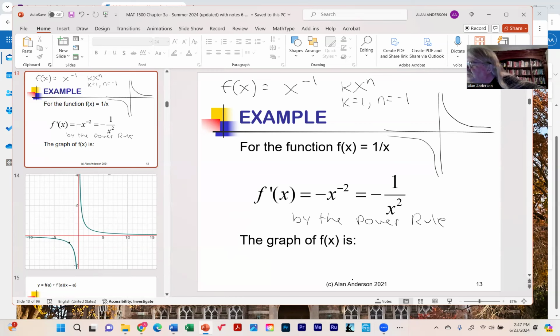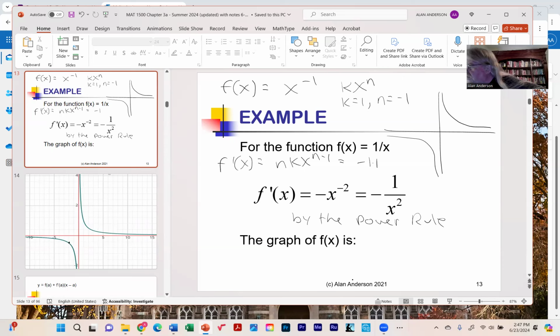So when you take the derivative, you'll have minus 1 times x to the minus 1 minus 1, which leads us to minus x to the minus 2, which is the same thing as minus 1 over x squared. Okay.